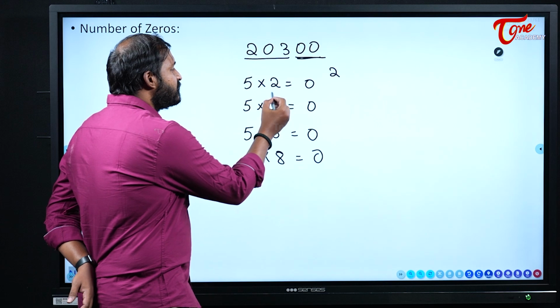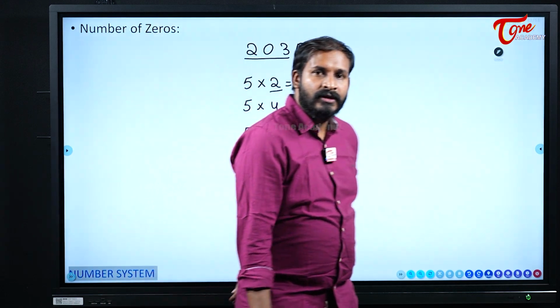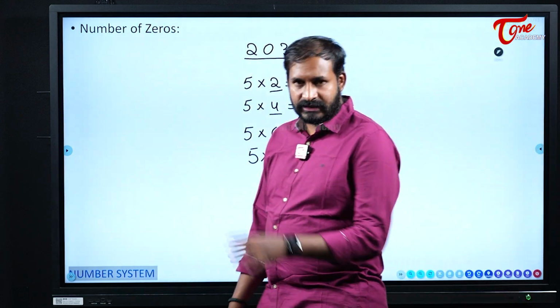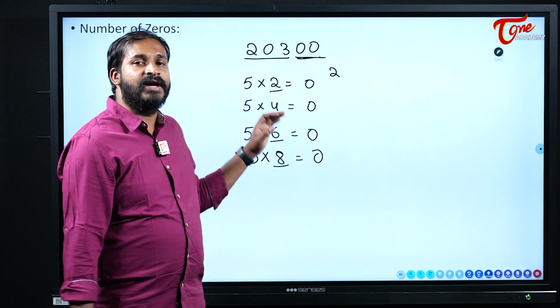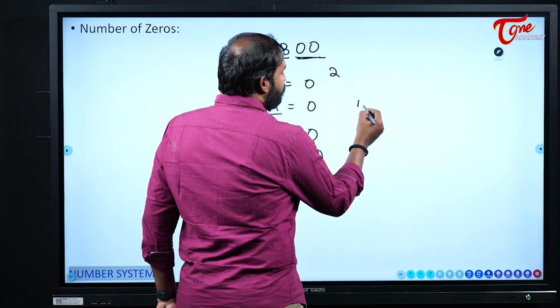Now, if you observe these numbers, in all of them we have 2. That means in the given product, our concentration will be only on 5s and 2s.